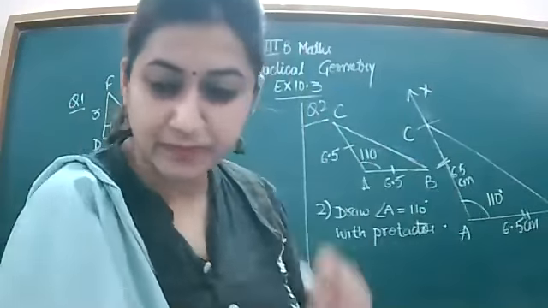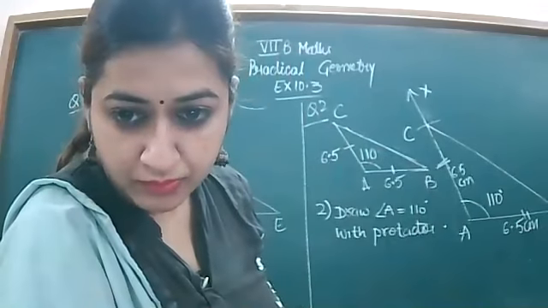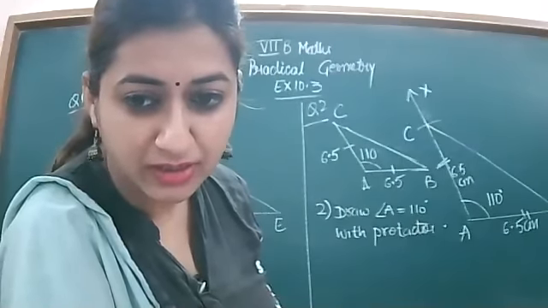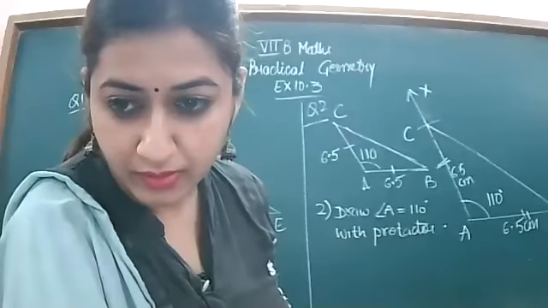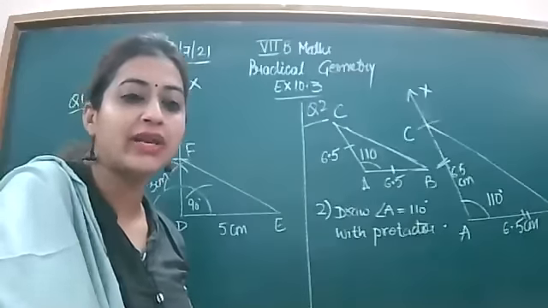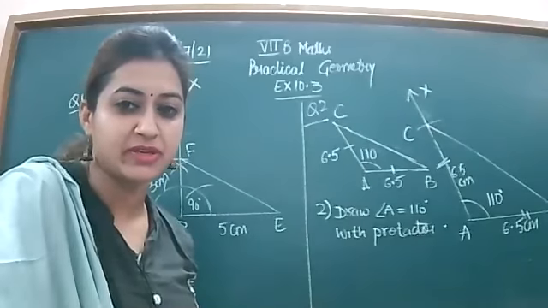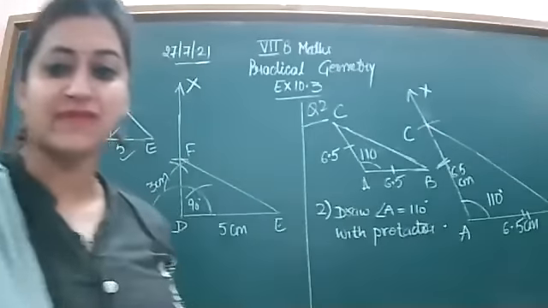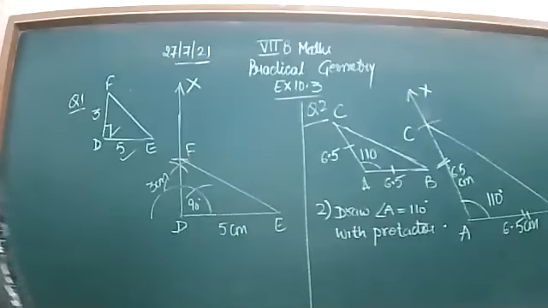Ma'am, repeat the third point. From A, draw an arc of 6.5 centimeters, which cuts AX at C. The line's name is AX, right?